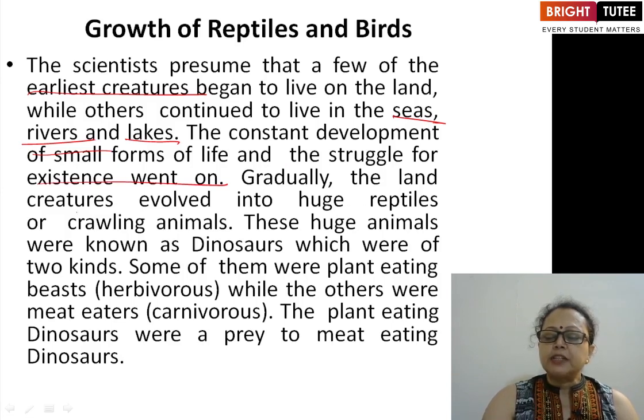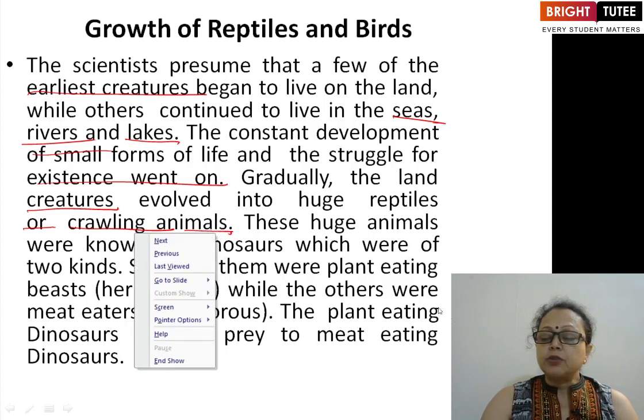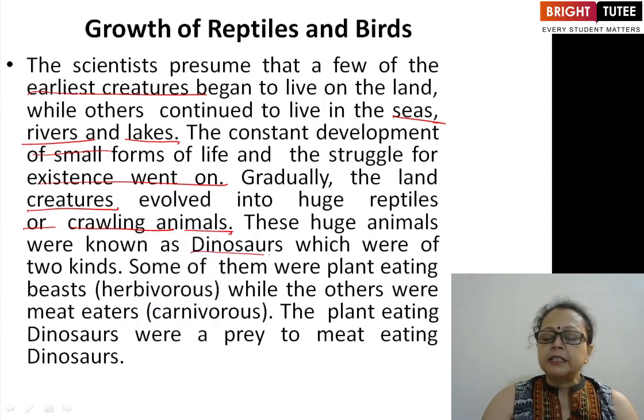Gradually, the land creatures evolved into huge reptiles or crawling animals. This is the development and the evolution. It shows how the animals also evolved into huge reptiles or crawling animals. These huge animals were known as dinosaurs, which were of two kinds.